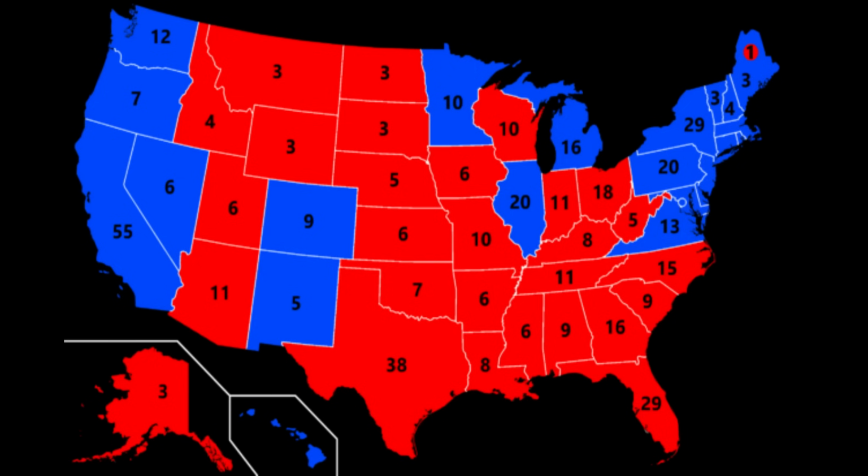Looking at the map, you can see that California has more electoral votes than any other state, and that is because California has the largest population of any state in the United States. Alaska has the smallest population, so it only has 3 representatives, but all of them have 2 senators. That is called a balance of power.